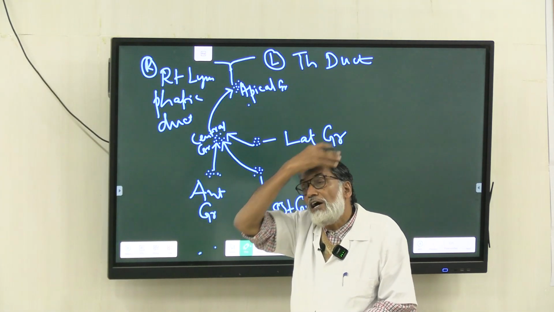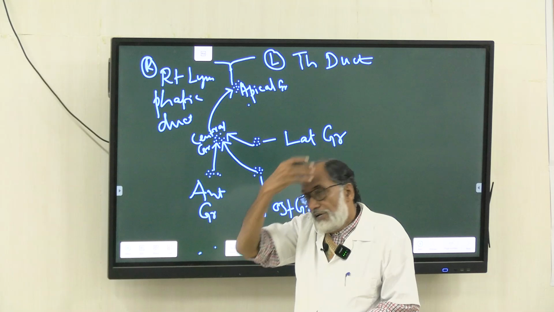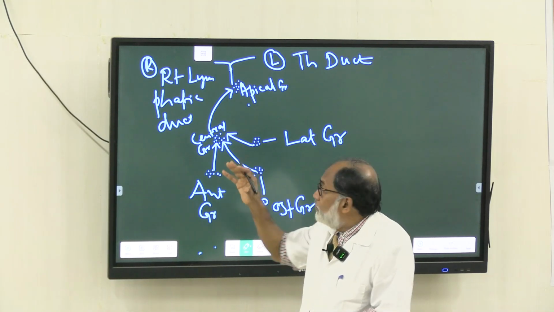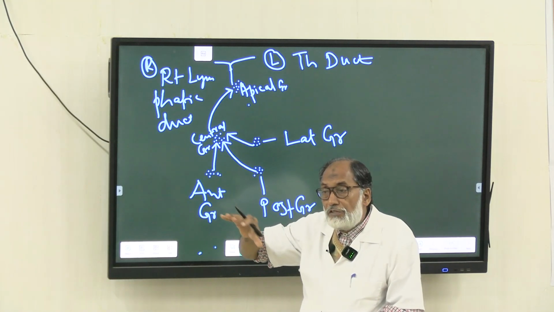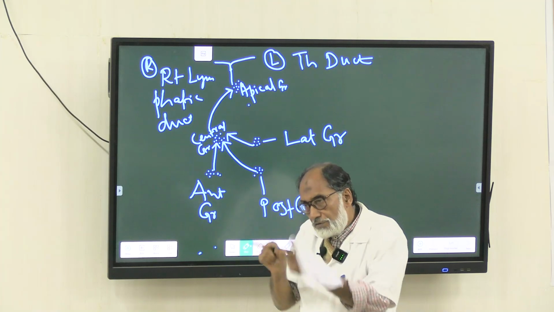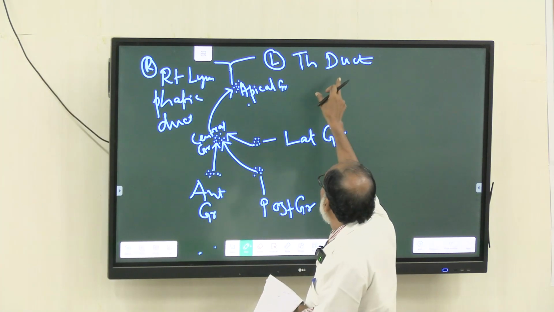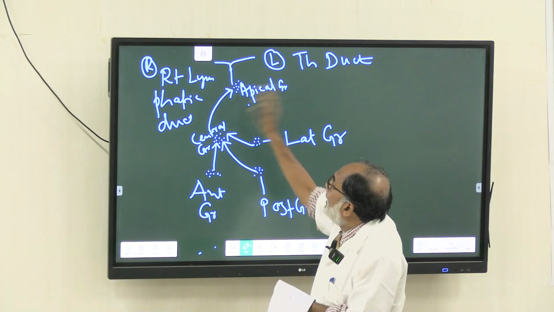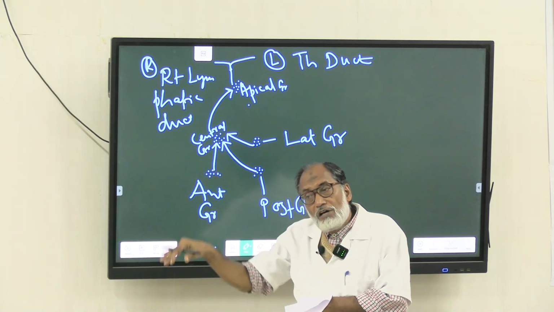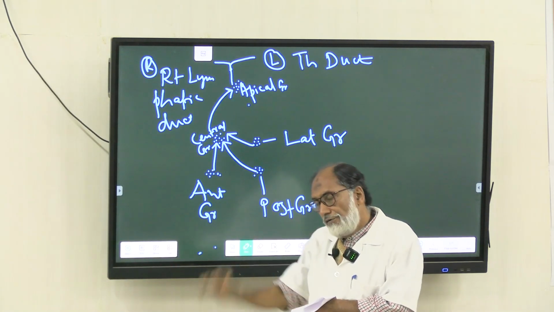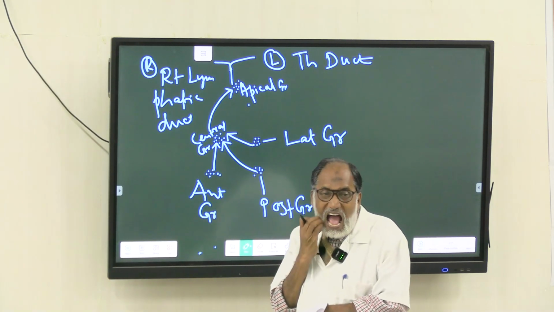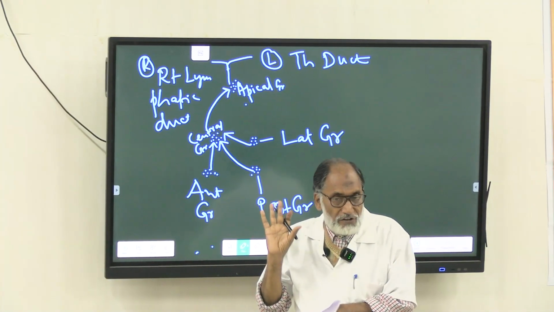Jugular lymph vessels actually drain the head and neck. Now, after joining, this joint duct will open into the thoracic duct on the left side and the right lymphatic duct on the right side. Right? So, these are the lymphatics of the axilla.